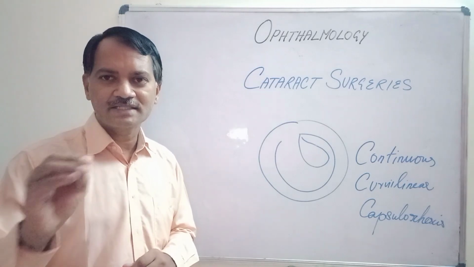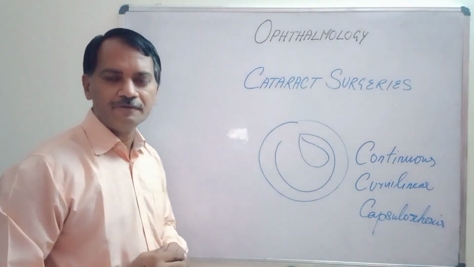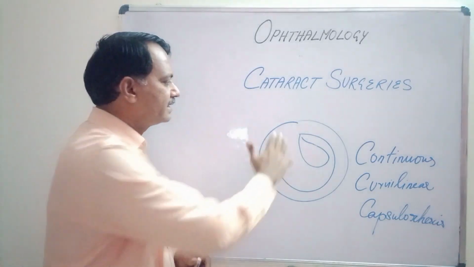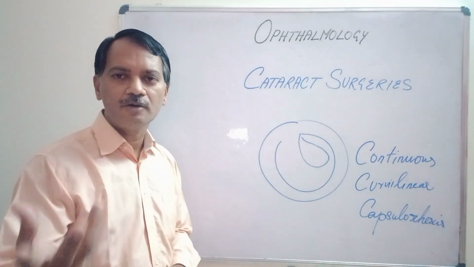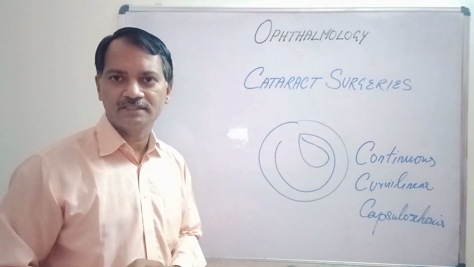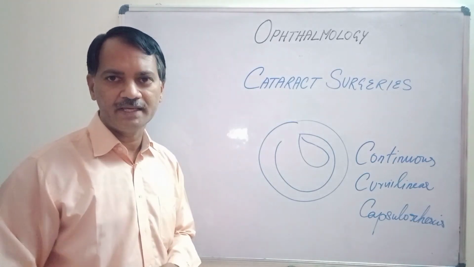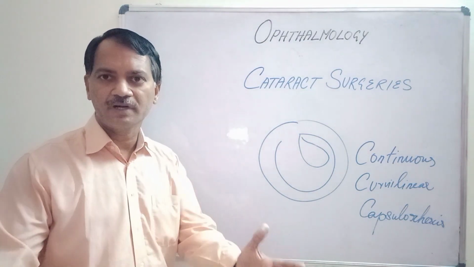So in that step, it will not lead to a tear of the capsule. If the capsule tears in portions apart from the center, sometimes you may not be able to keep the intraocular lens following this cataract extraction. In order to avoid that complication, we do a continuous curvilinear capsulorhexis.